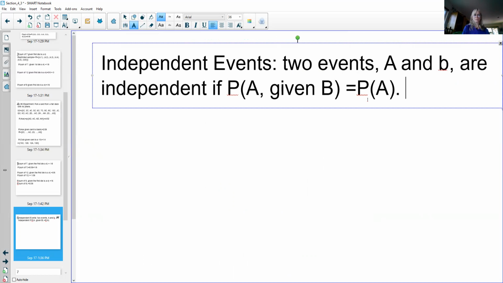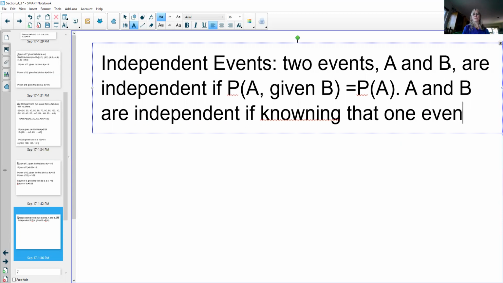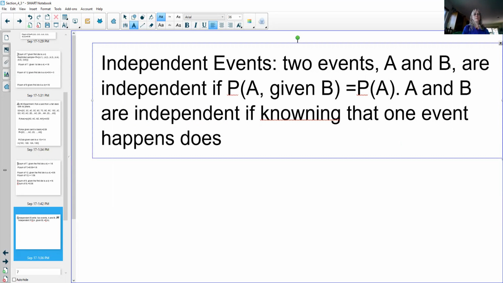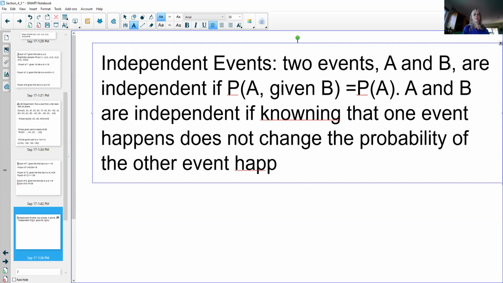So what you can also say is that A and B are independent if knowing that one event happens does not change the probability of the other event happening. So as long as that probability doesn't change, then everything's fine.